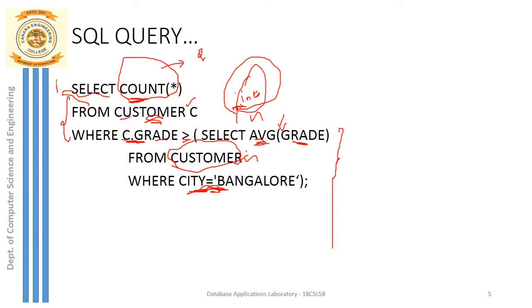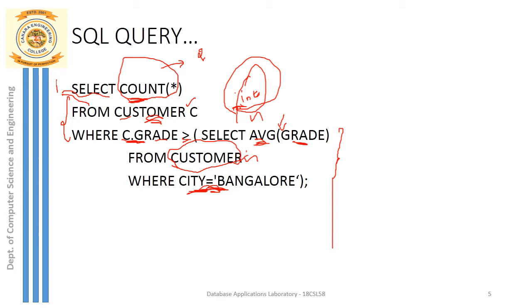Okay, so select count star will again give you the count value, the total count value, which is again an integer value, so count can be either 1 or 2 or 3 or anything, so integer value. And now which table you are referring here in the outer query? Again, it should be the customer table only. Why?